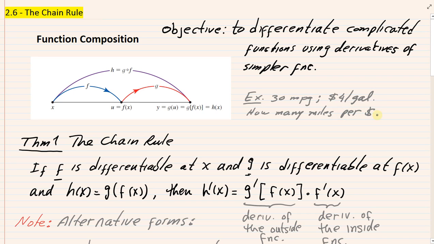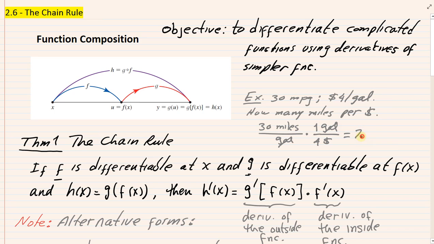What is it? The way we work this is the following. The car gets 30 miles per gallon, so that's my first rate. If I multiply that by, for each gallon, I spend $4, so times 1/4 dollars per gallon, the gallons cross out, and I end up with 30 times 1 divided by 4.